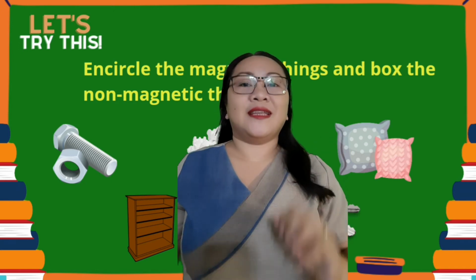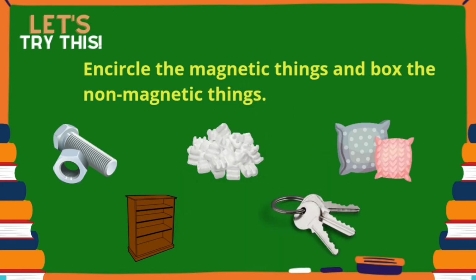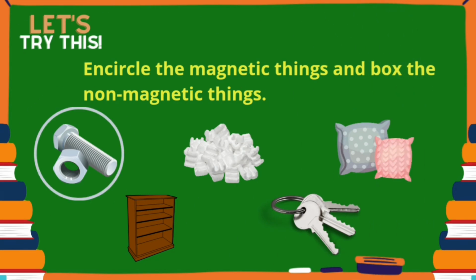Time's up! Let us check your answers. First item is screw and bolt. And it is very good. It is magnetic. Next is styropieces. These materials are non-magnetic. Third is pillows.